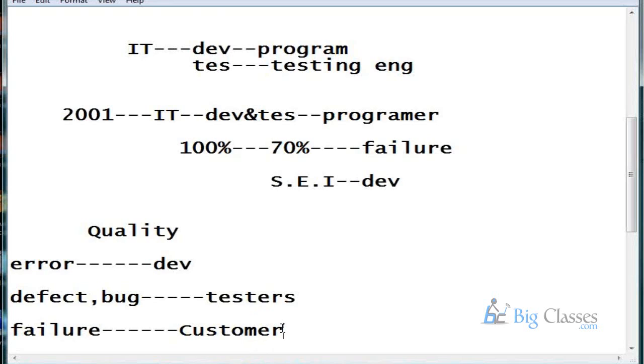When the tester is not up to the mark to find the mistakes, or the software is not as per the client requirement, it's called a defect or bug. And when the customer uses this software and finds a problem and is not satisfied, it's called failure. Okay. Got it?